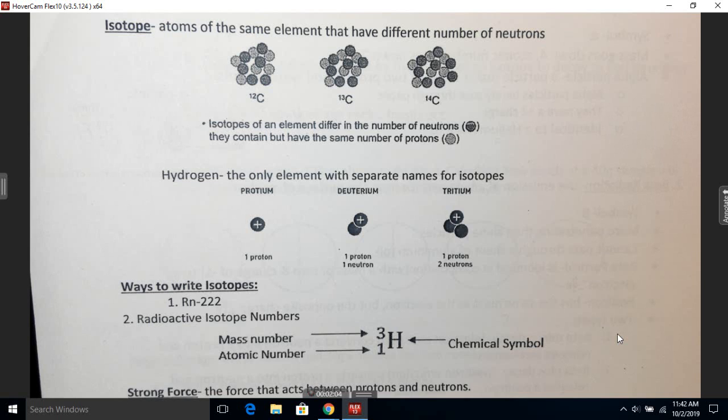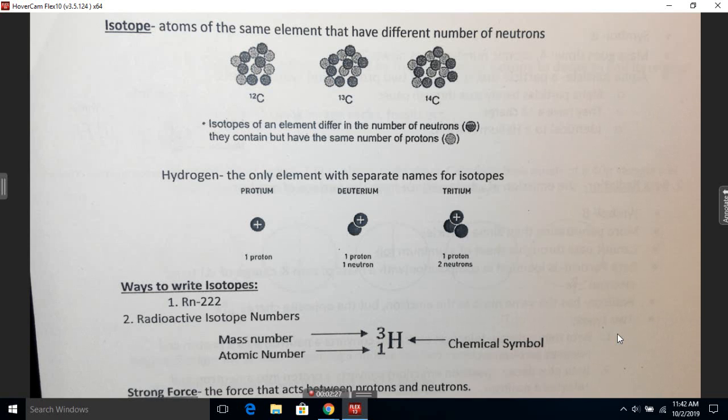How do I know the difference between one element and the next? Like what determines which element it's going to be? Like why is nitrogen different from oxygen? Different number of electrons.